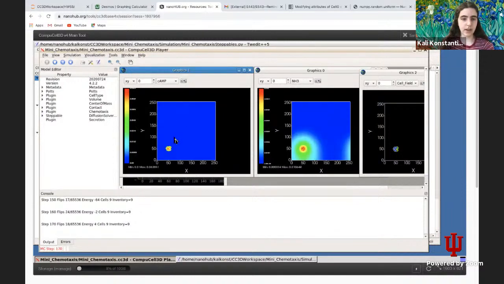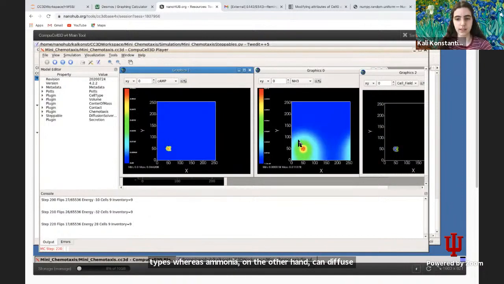And then I've also adjusted the mini chemotaxis model such that cyclic AMP doesn't diffuse into the medium, because in the model it only diffuses among the cell types, whereas ammonia can diffuse in the medium, which is why we see it going beyond the group of cells here. The ammonia is staying pretty low, at a reasonable concentration around 0.01, which makes sense considering that we don't have decay in the ammonia because the model doesn't really suggest it.